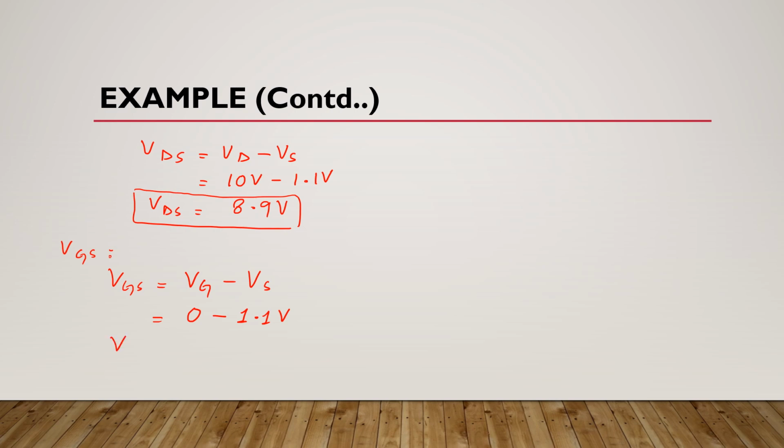It means here gate to source voltage is minus 1.1 volts. Okay, so this is your answer. As you can see here, this gate to source voltage is negative for N channel JFET and it is positive for P channel JFET.